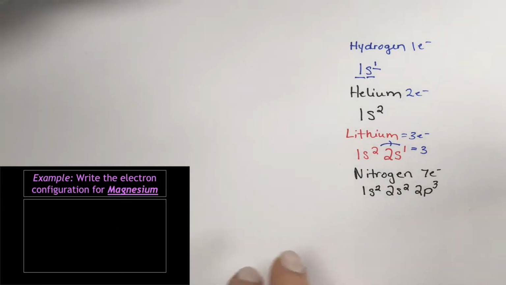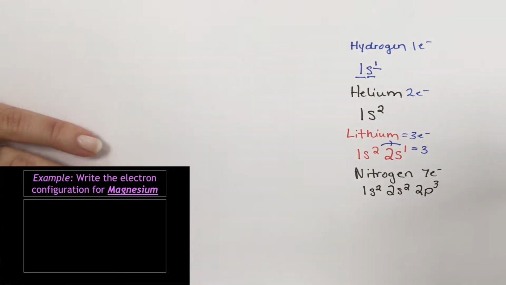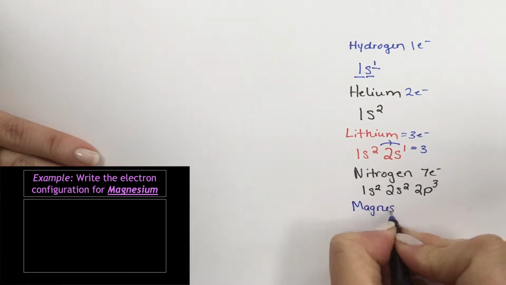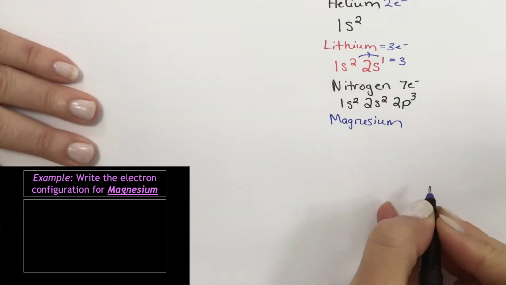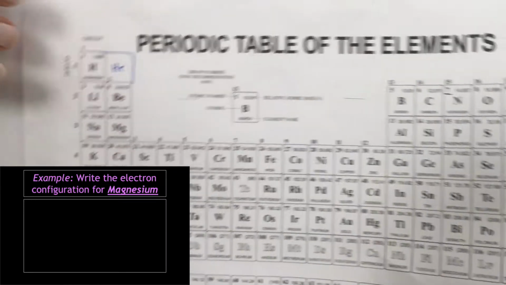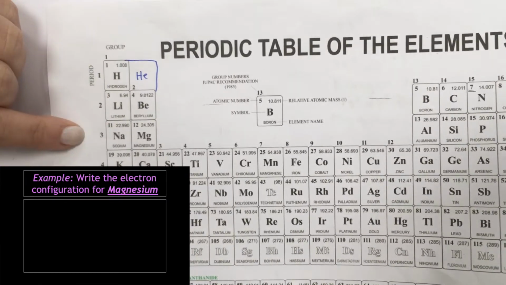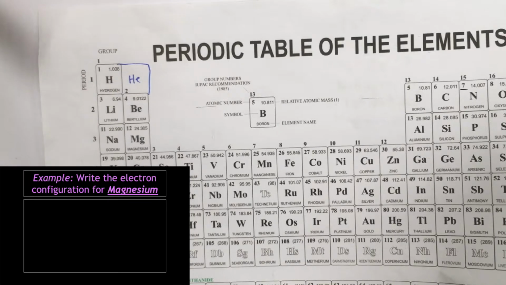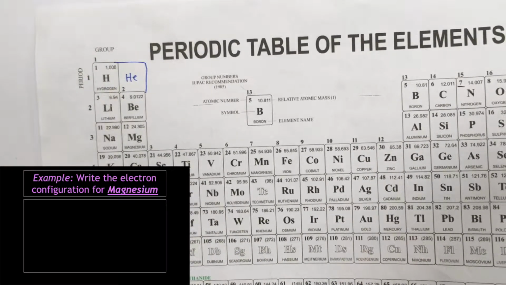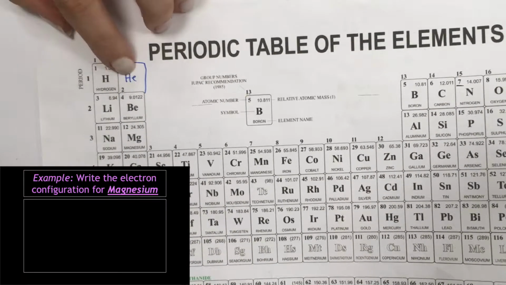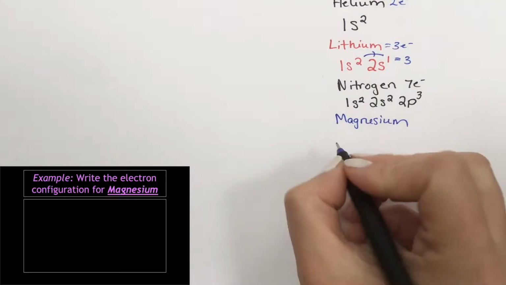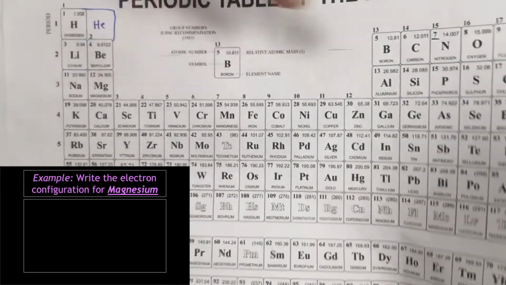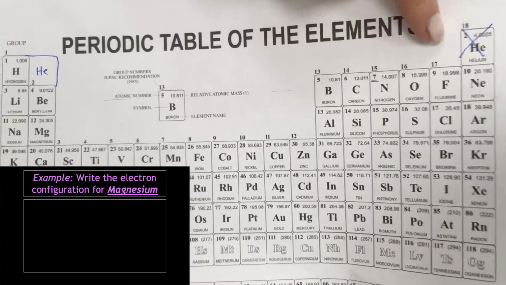Let's do some more practice. Magnesium. So for magnesium, which is here, we're now in the third energy level. We always have to start from the first one, so we have 1s2. There's no p orbital in that first energy level.